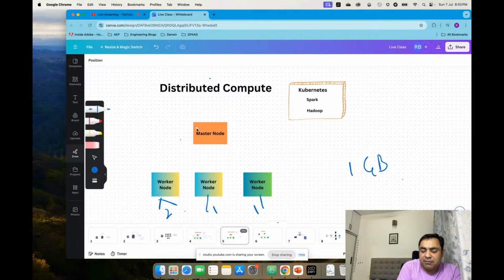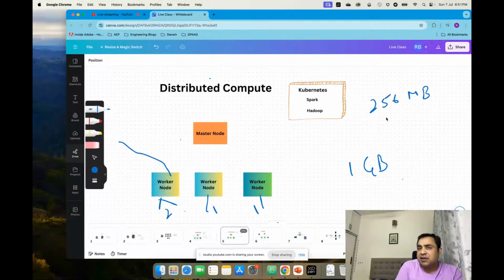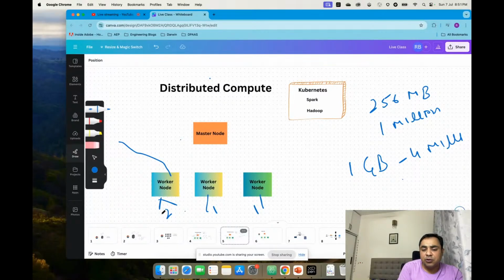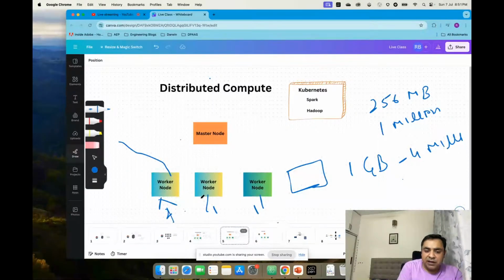Once the program is submitted through the appropriate framework, it will run on the worker node where the information is. A 256 MB block would hold, let's say, 1 million tweets. So in 1 GB you have, let's say, 4 million tweets, divided into, for the sake of simplicity, four machines. In each machine you have 1 million tweets in the form of 256 MB of data.